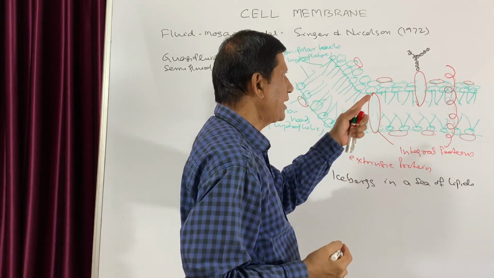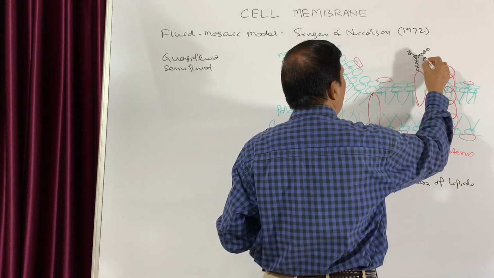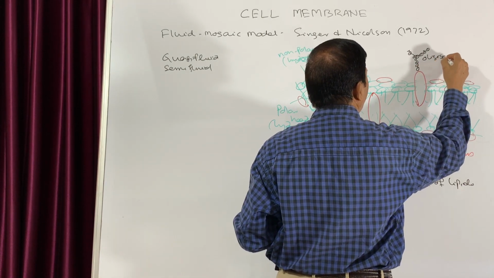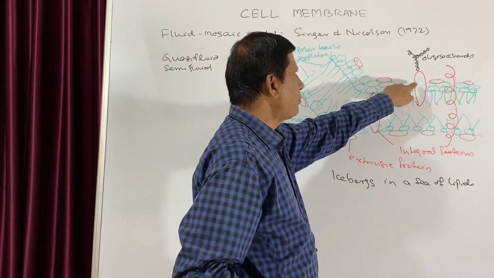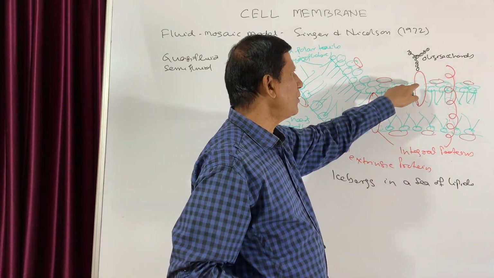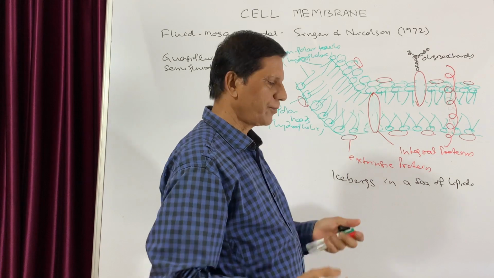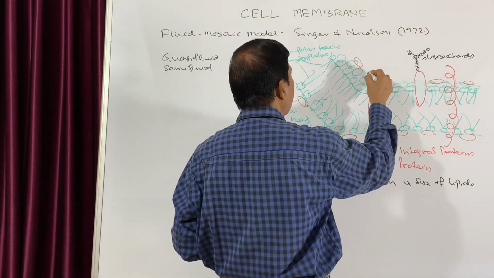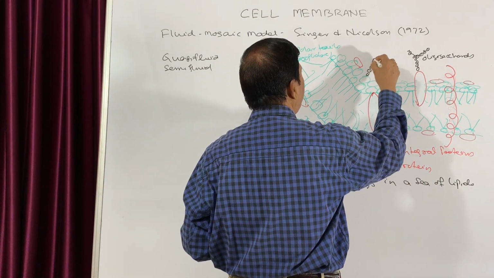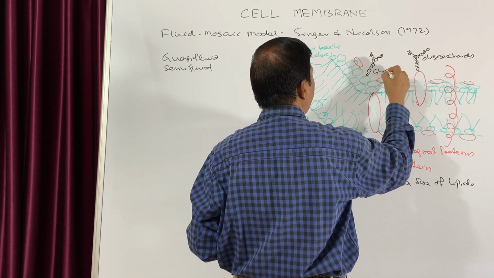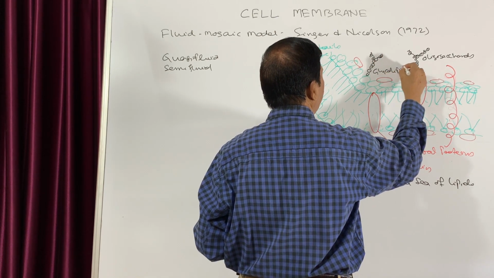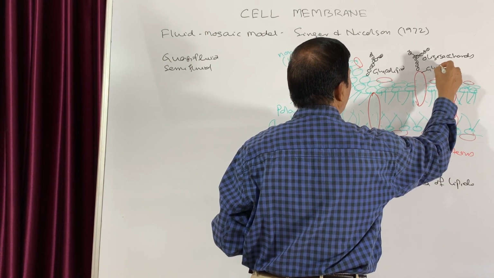These are oligosaccharides, and in this case this is protein and this is oligosaccharide, so this is known as a glycoprotein. And if the same thing is attached to a lipid, then it is known as a glycolipid. This is glycolipid and this is glycoprotein.